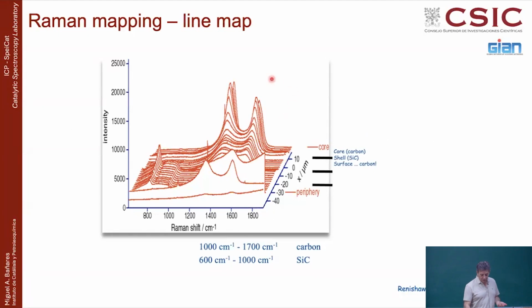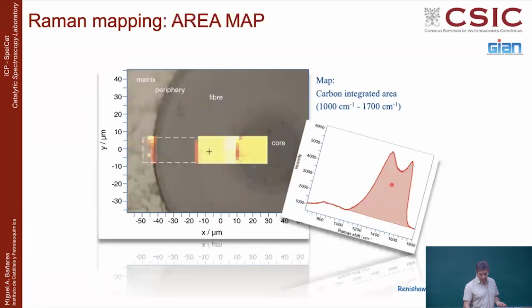So what you do is to say, okay, these two peaks correspond to the carbon fiber. So don't plot me a spectrum at every position, which is very difficult to see, but illustrate with this the intensity of the area of the carbon fiber Raman band. And then you see where you have the carbon Raman bands with a lower or higher concentration or medium concentration, so it's more or less intense.